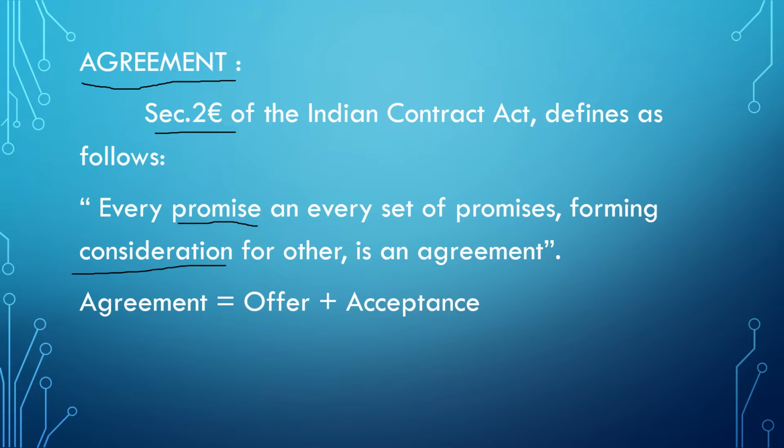In the example, A offers a car, so the car is the consideration for B, and B offers 50,000 for the car, so 50,000 is the consideration for A. So giving up something in return for a particular product is called consideration. And a perfect agreement means offer plus acceptance.